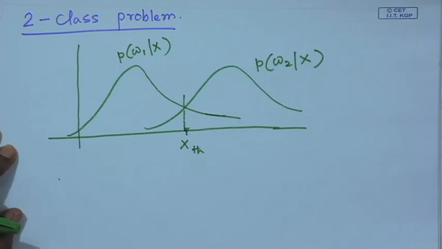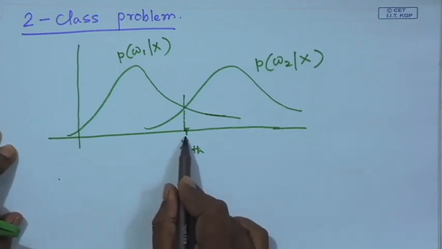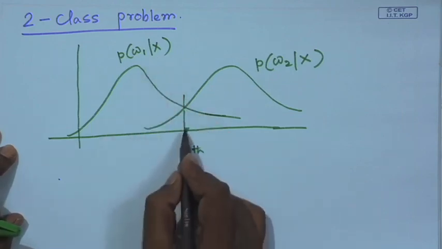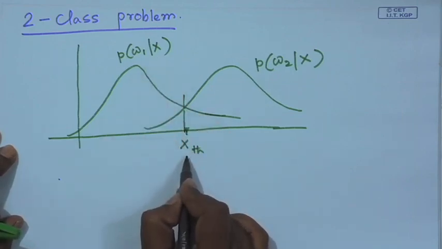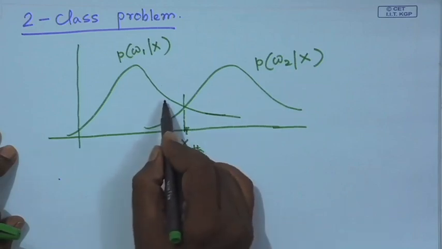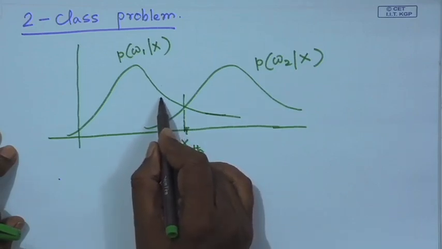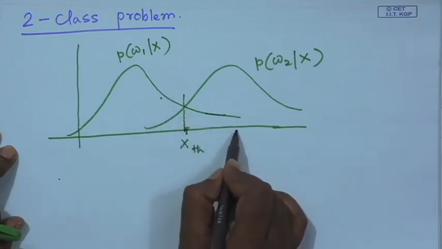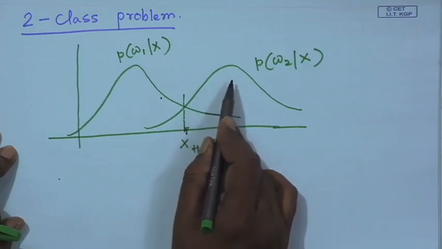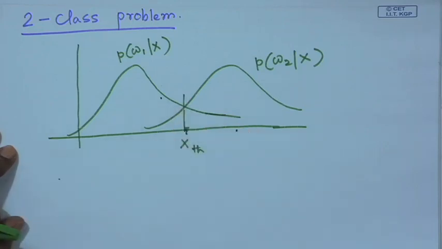In the case of the minimum error rate classifier, we had assumed that if the feature vector x is to the left of x threshold, then the feature vector is classified to class omega 1. If it is to the right of x threshold, then it is classified to class omega 2. So, this is my decision boundary.